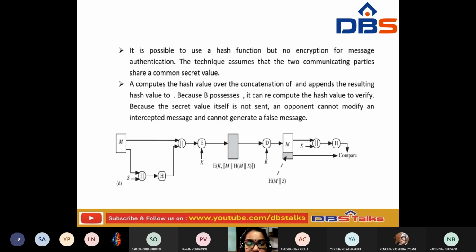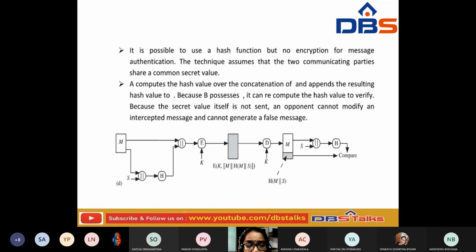The receiver B has to recompute the hash function and verify it, because it has the secret value itself and it is not sent. An opponent cannot modify an encrypted message and cannot generate a false message.